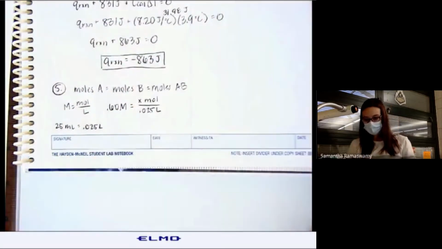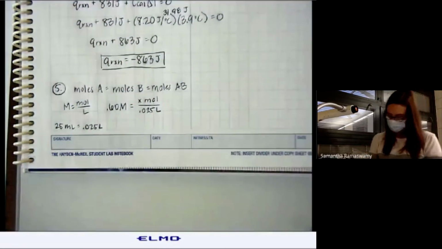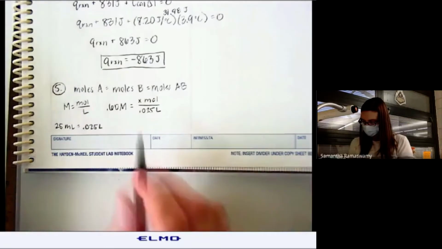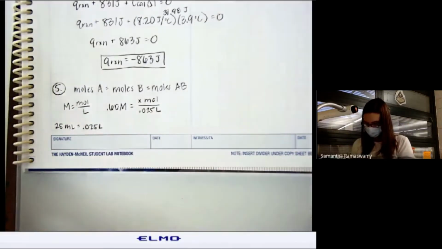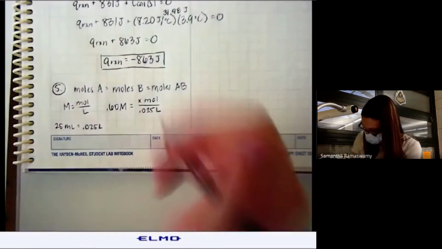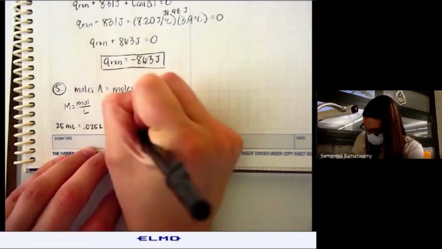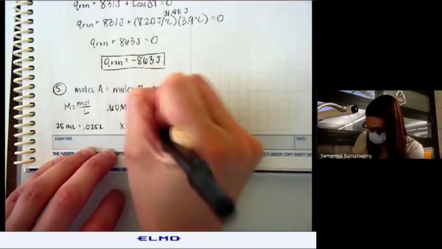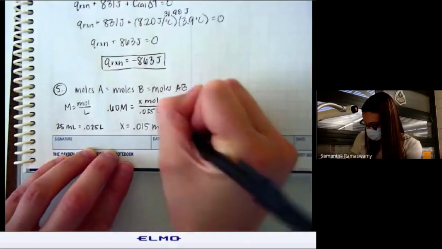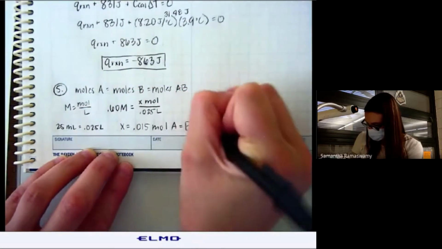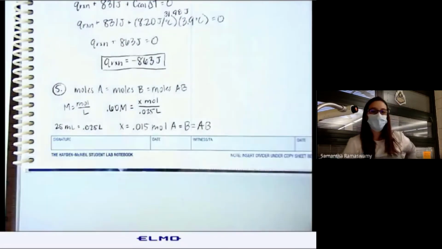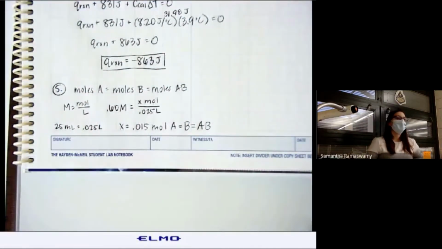So 0.025 liters. If I multiply these two, 0.6 times 0.025, 0.015. So it's 0.015 moles of A and B and AB because it's a 1:1:1 ratio.